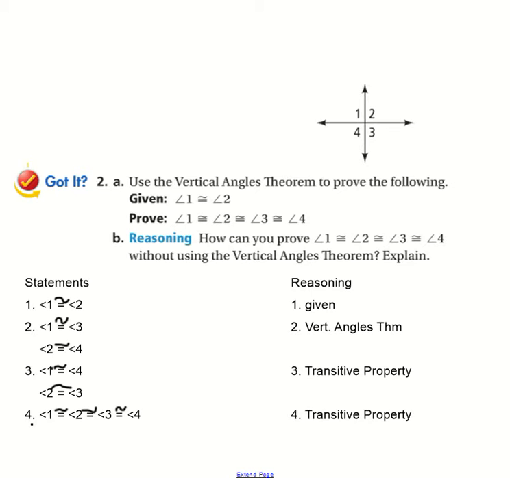And then we know that angle 1 and angle 4 form a linear pair, so their sum is 180 degrees. We know that 1 is 90, so 4 must be 90, and then we can continue to do that until we get them all established as 90 degrees, and then we could say that they are all equal, and so they are all congruent. So that's how we would prove this without the vertical angles theorem.